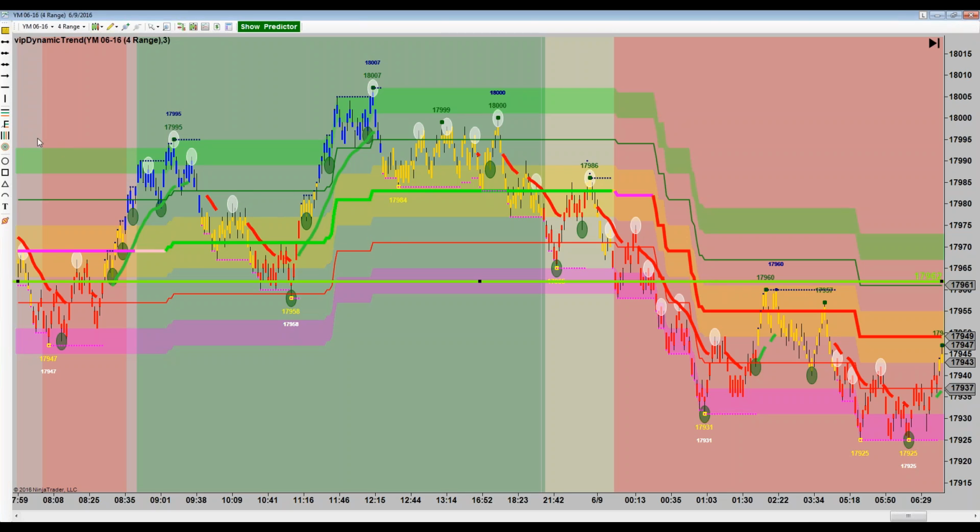A line is really technically kind of a region, right? The way I do this is I look at where the current, closest swing is, and then I look back and see if there's any confluence with some other swings that occurred, and then I'll split those levels a little bit.